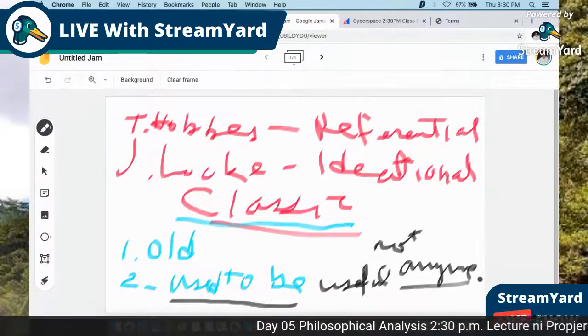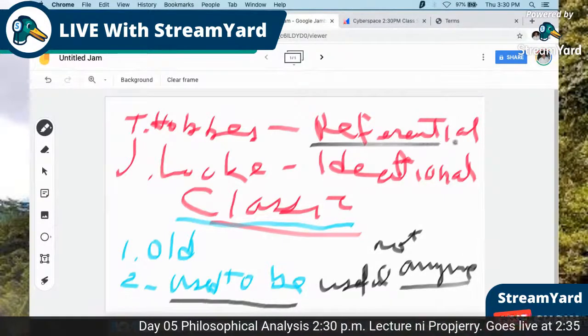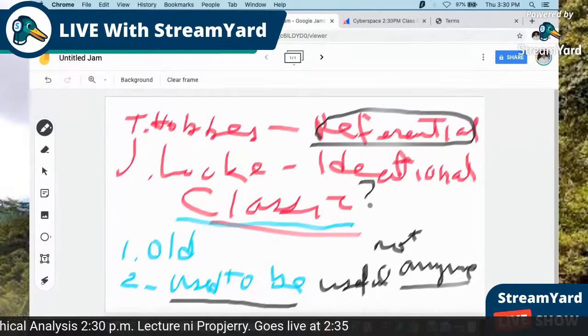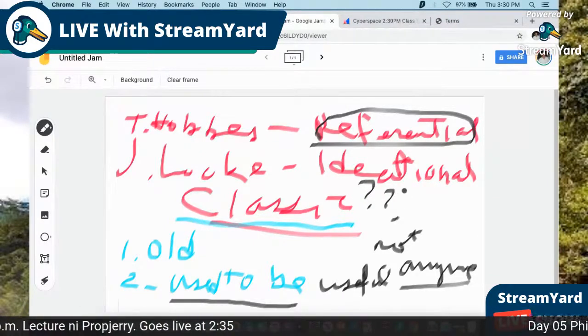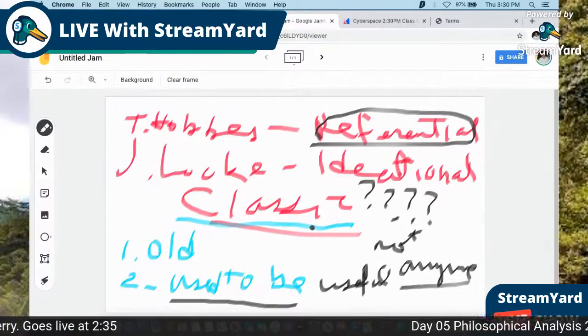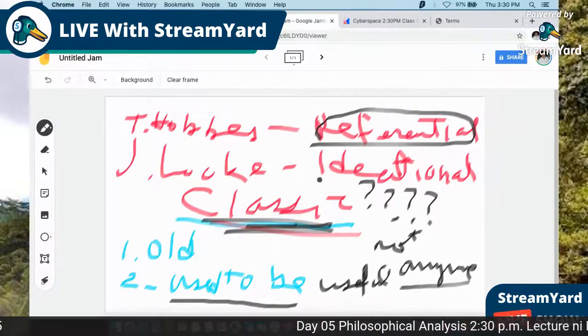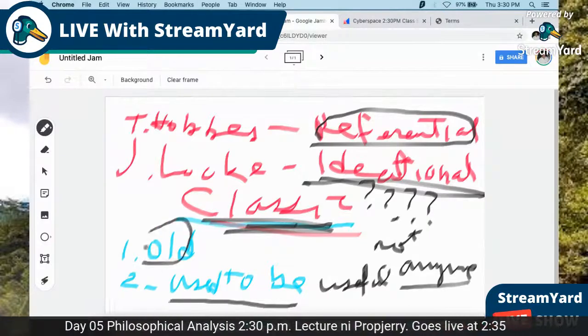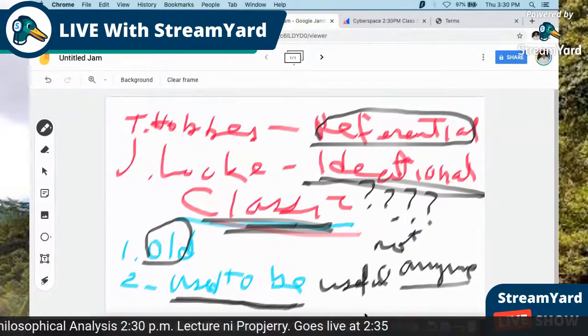Now, big question. We know there are limits to the referential theory of meaning. What are the limits to the ideational theory of meaning? That's the big question, because we're still calling the ideational theory of meaning classic. It is old and used to be useful, but not anymore.